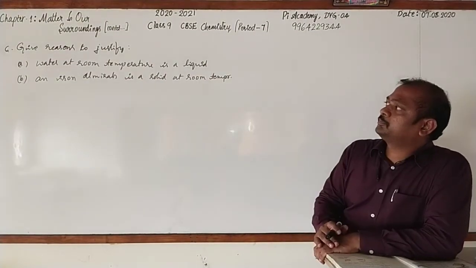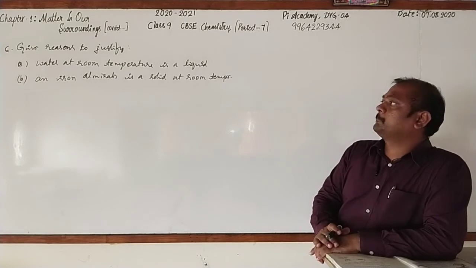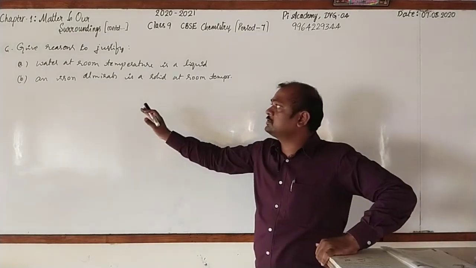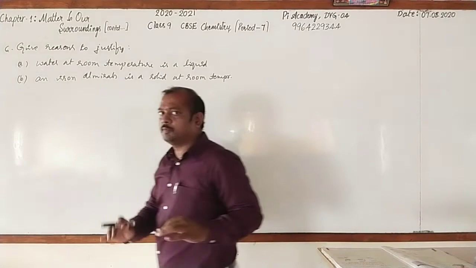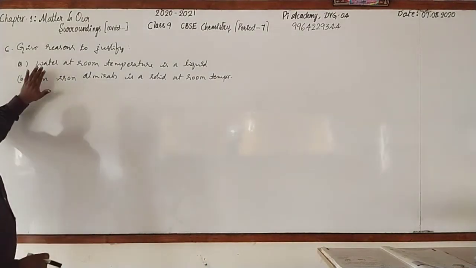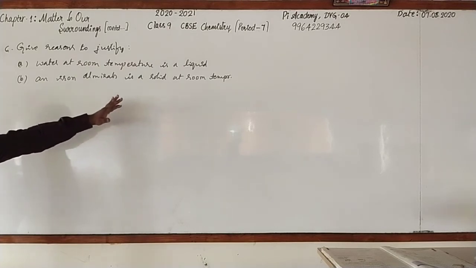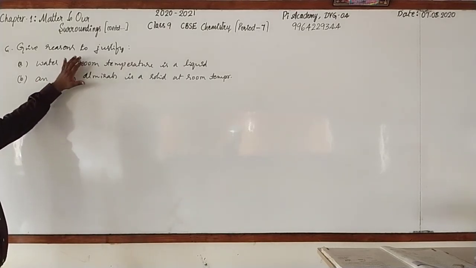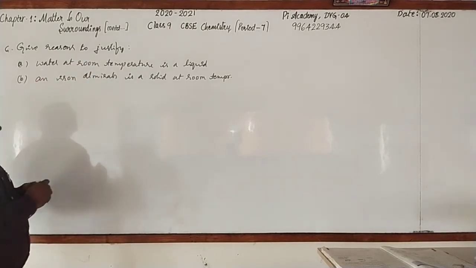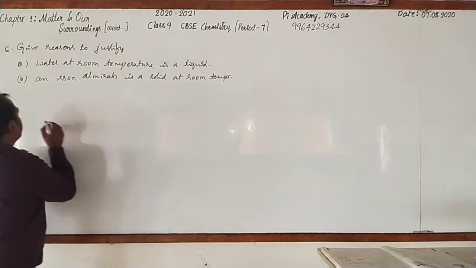Dear students, please go through sixth one. Give reasons to justify. Okay, we know that water at room temperature is a liquid, no doubt at all. But we have to give the justification for this, why it is liquid. Let's go for answering.